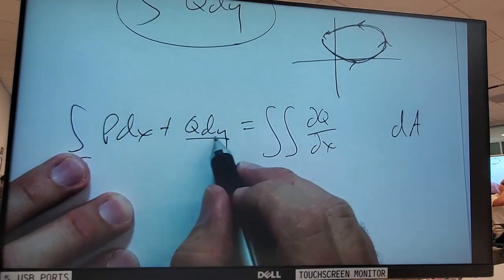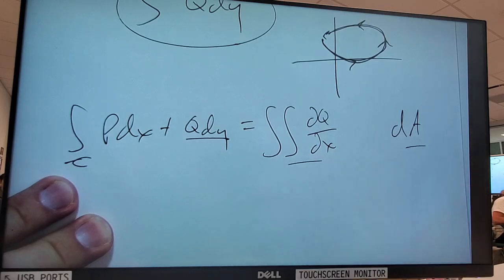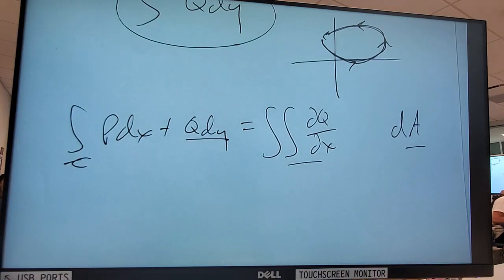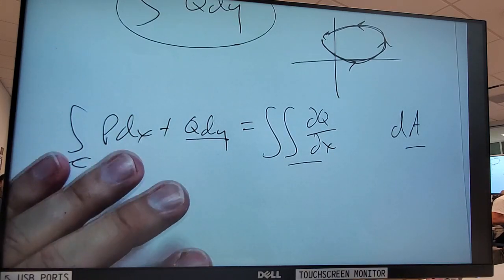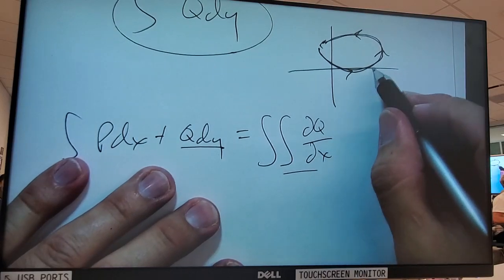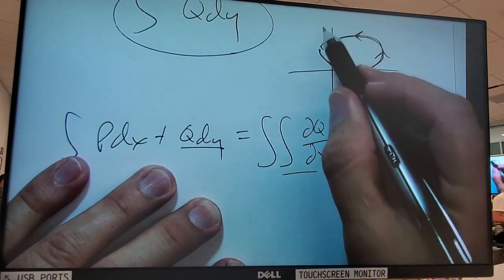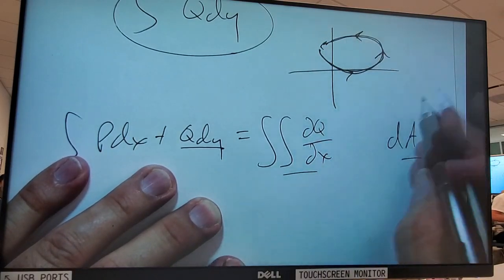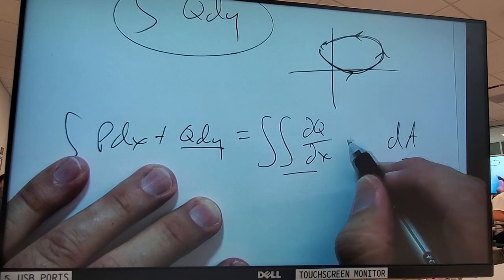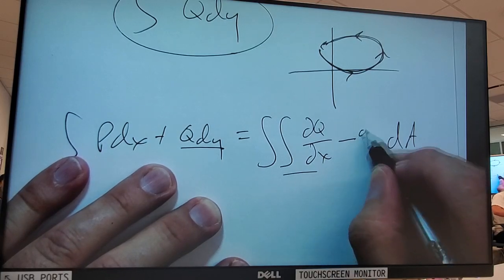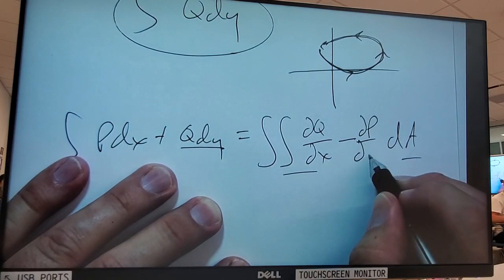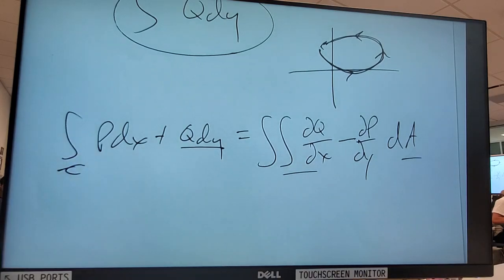So this piece is related to this, that with the dx. Because I'm going back around myself at some points, that is what ends up leading to this fact. If I would have chosen a clockwise rotation, the p term would have been positive and the q term would have been negative.